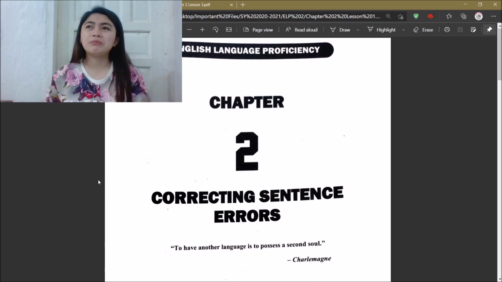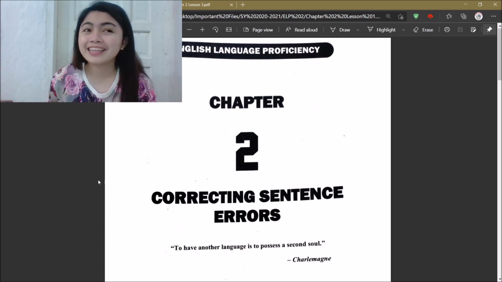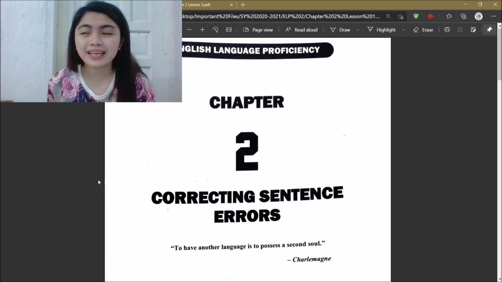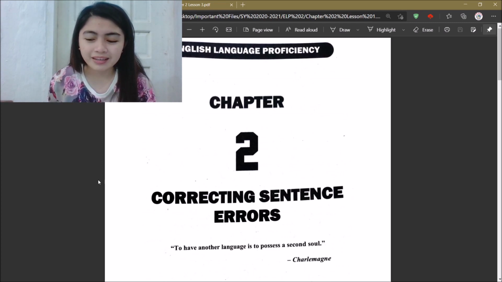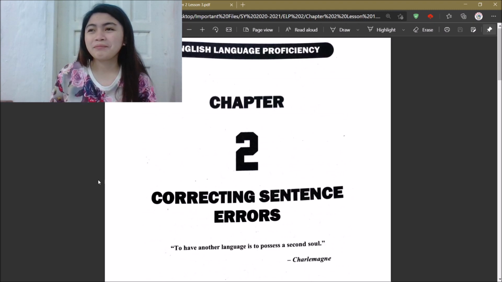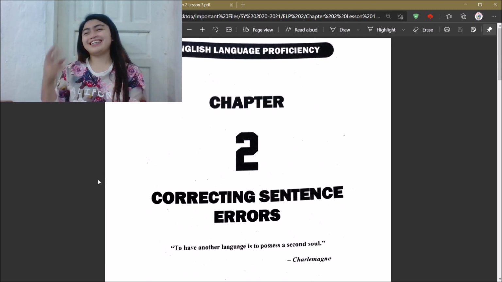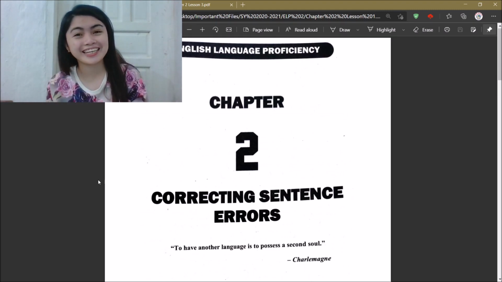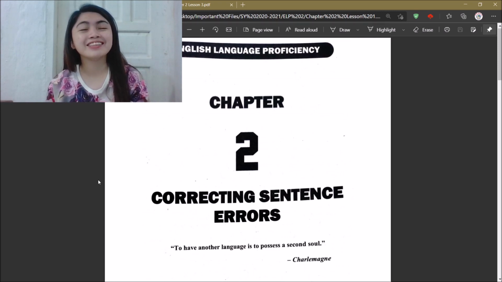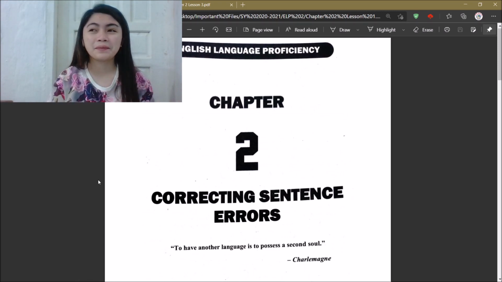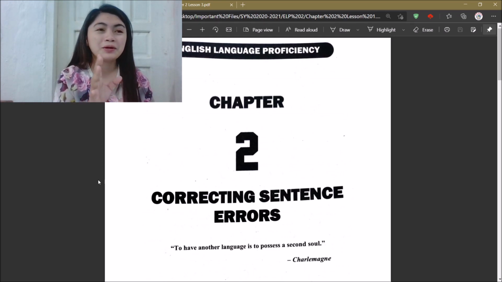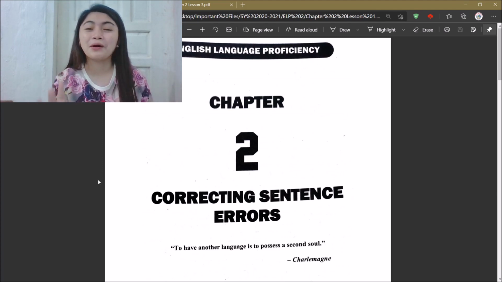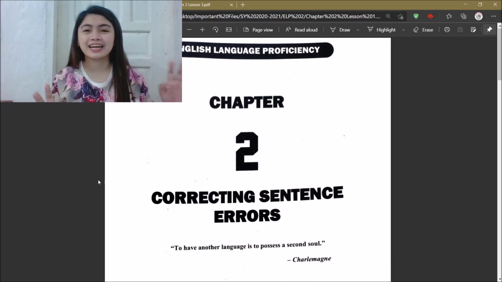So especially sa ating mga Pinoy, hindi natin napapansin na we commit a lot of sentence errors. So sa Tagalog kasi parang meron na tayong instinct on how to answer it. Parang through the nonverbal cues, kahit hindi mo sinabi yung mismong subject of the sentence mo, may mga signs lang na ginagawa ang mga Pinoy, nagkakaintindihan na tayo.